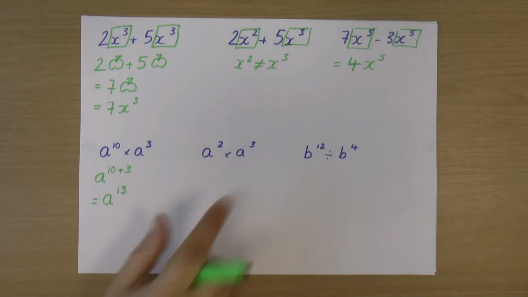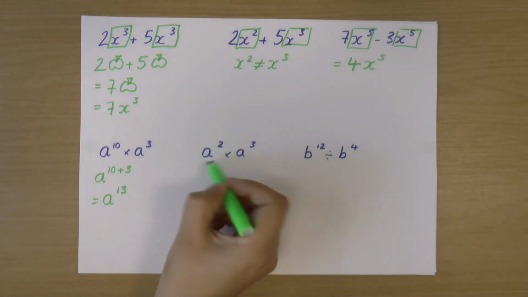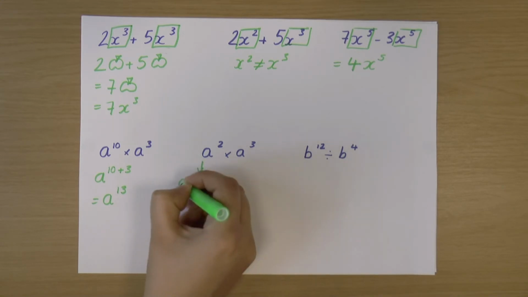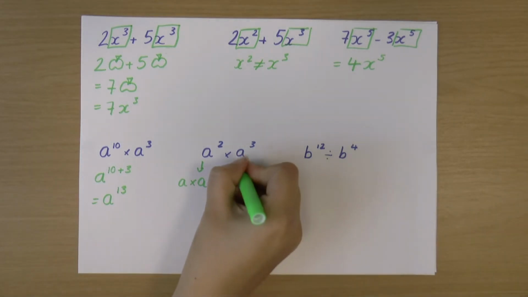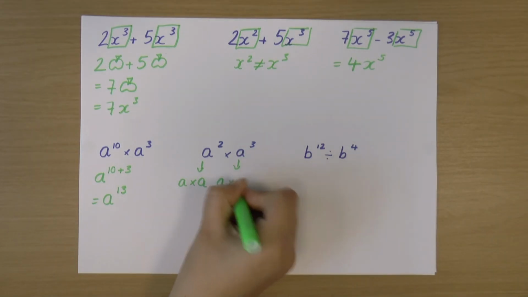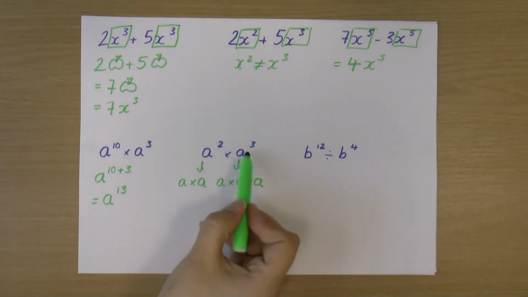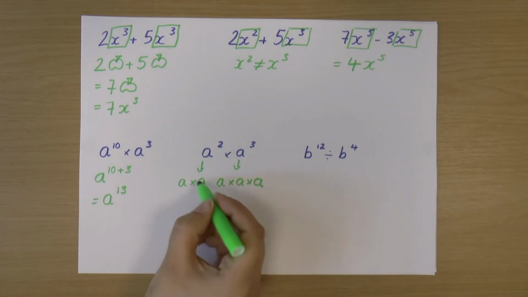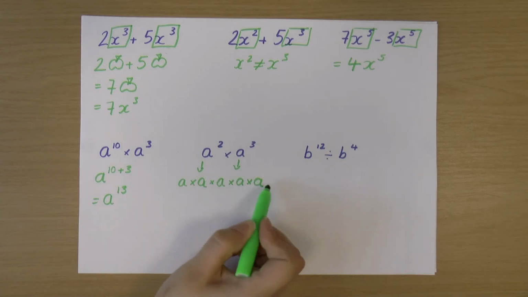And the reason this works, I'm going to show you with this next one. So a squared, that just means a times a, doesn't it? And a cubed means a times a times a. When I'm multiplying a squared by a cubed, I'm multiplying a times a multiplied by a times a times a.